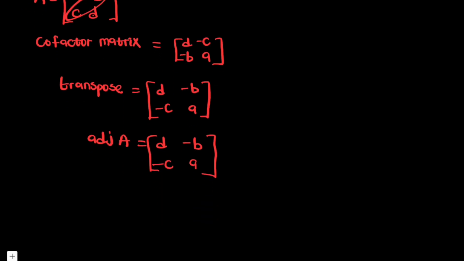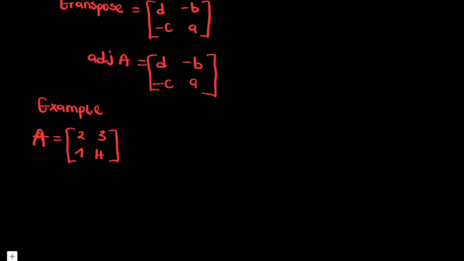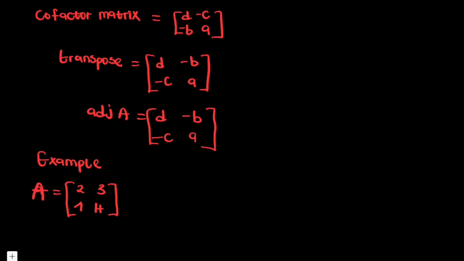Okay, so let's have an example. Let's have a matrix A: 2, 3, 1, 4. So the adjoint, we need to find the cofactor matrix.